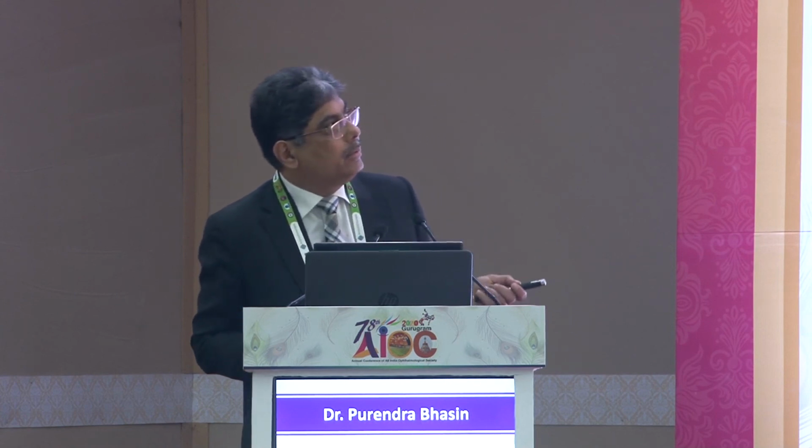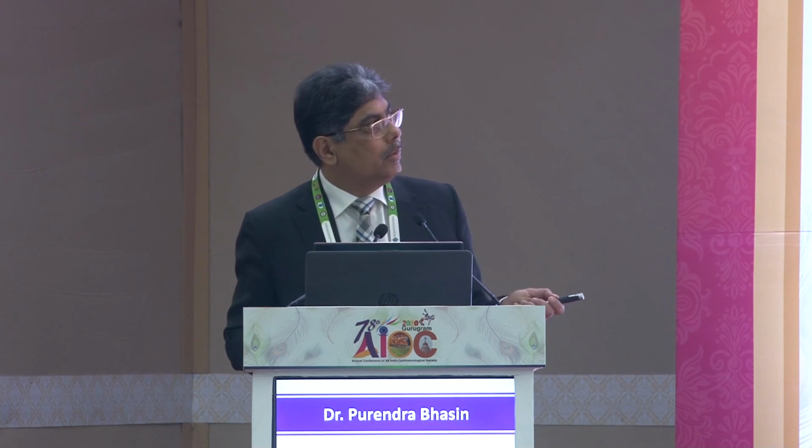With an undersized ICL, the vault will be less and there is increased risk of anterior subcapsular cataract formation, and an oversized ICL with more than 1 millimeter vault pushes the iris forward and closes the angles, which could lead to a rise in intraocular pressure. After this, we send the data to the company, or we can check the ICL size and the power of the lens on an online calculator also.